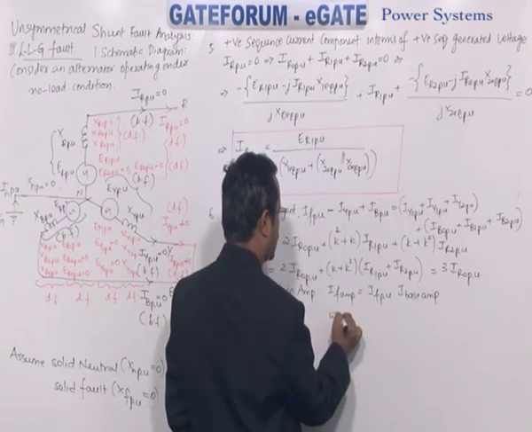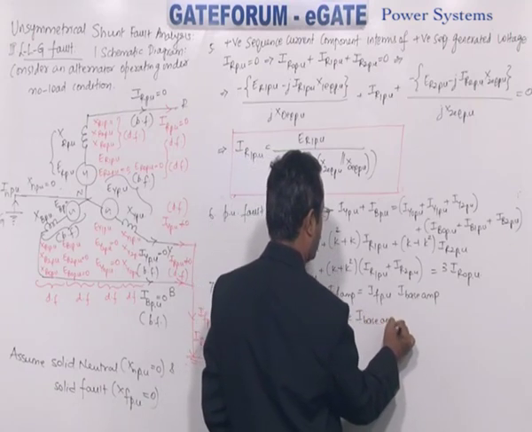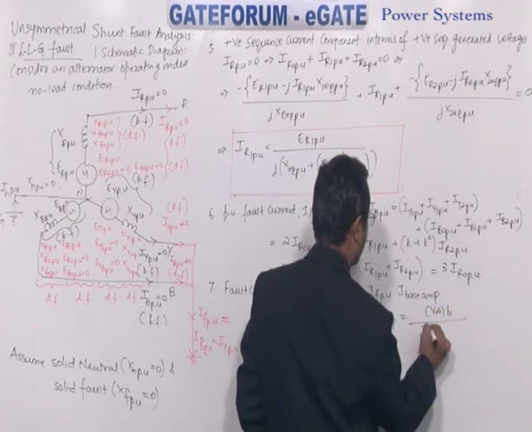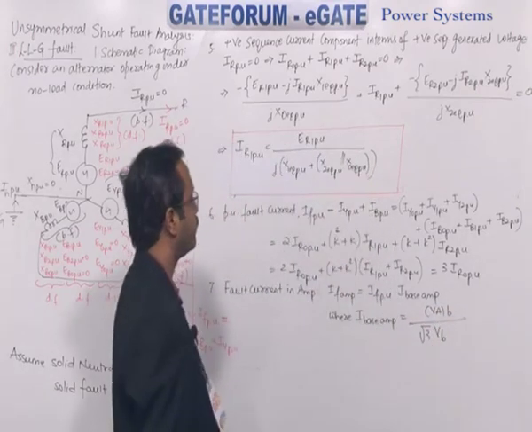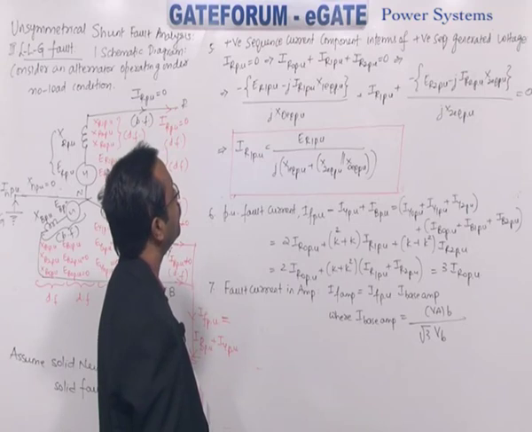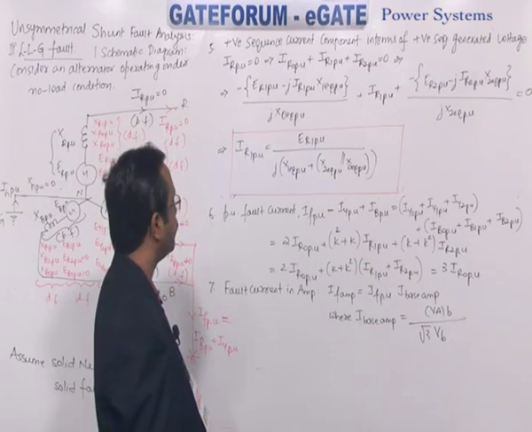What is the base current in amperes? It is the base volt amperes divided by root 3 times base voltage. This is the fault current in amperes.